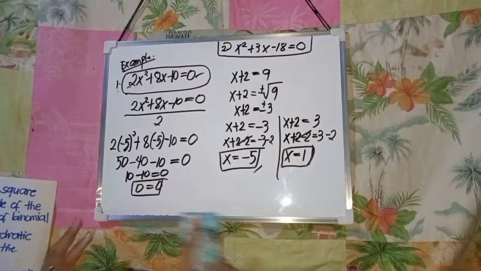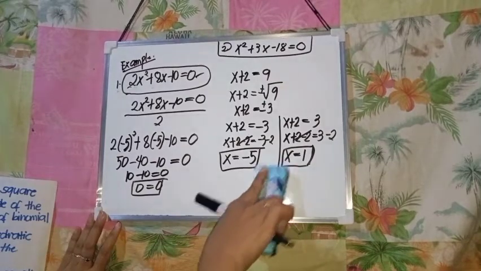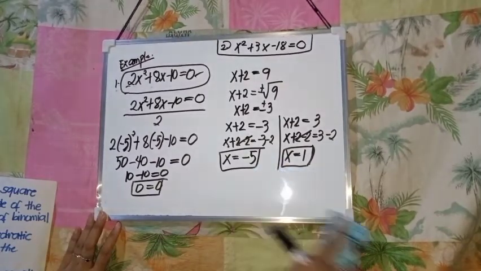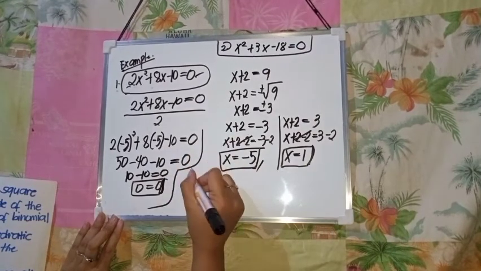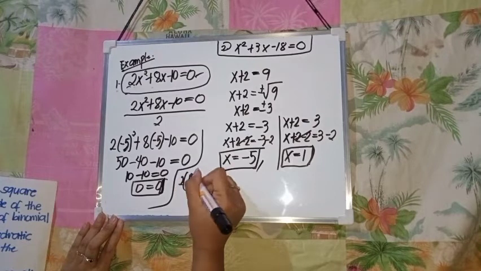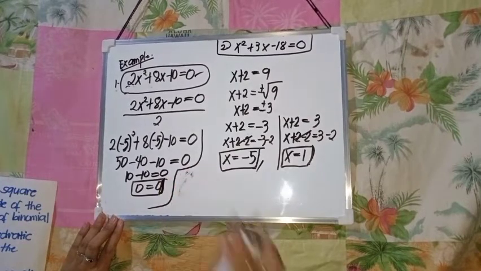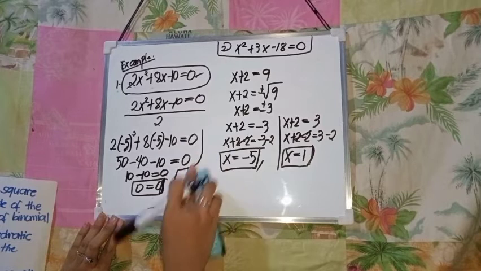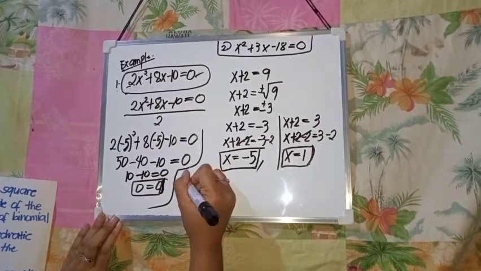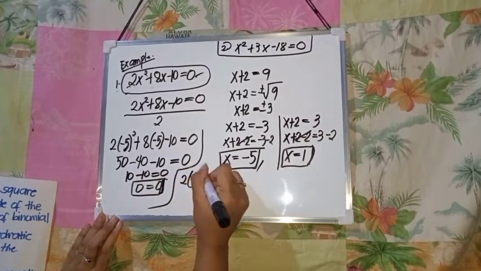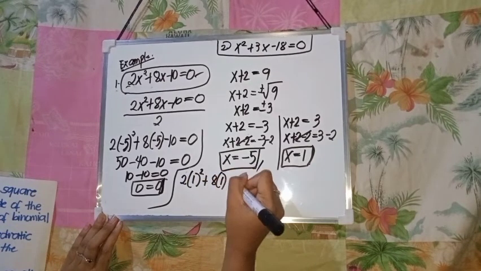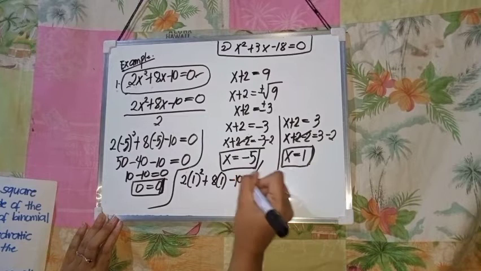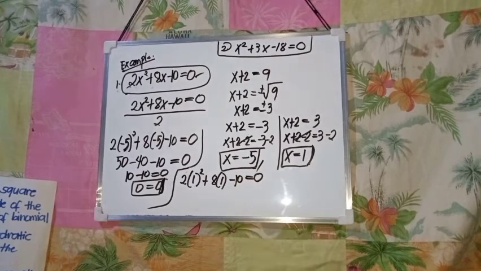Next, we'll use this one. So here, we'll use 2 times the quantity of 1 squared plus 8 times 1 minus 10 is equal to 0.